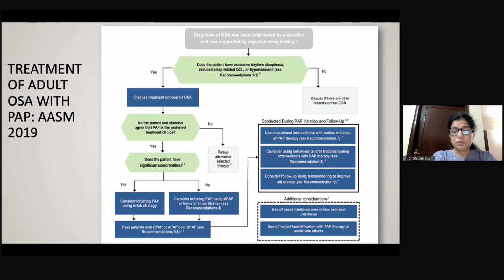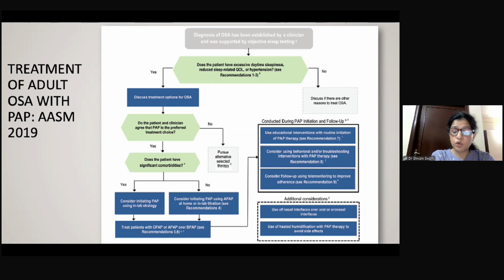So once you diagnose a patient with sleep apnea, we must actually keep in mind whether the patient has symptoms which include excessive daytime sleepiness or reduced sleep-related quality of life. That may be snoring, witnessed apneas, disturbed nighttime sleep, or the other comorbidities that the patient has. Once you've ascertained the treatment, you know his comorbidities and his functional status, please discuss the treatment options with the patient for sleep apnea.